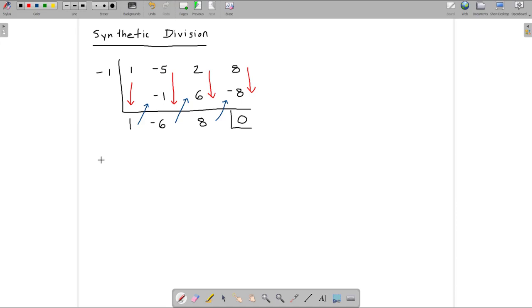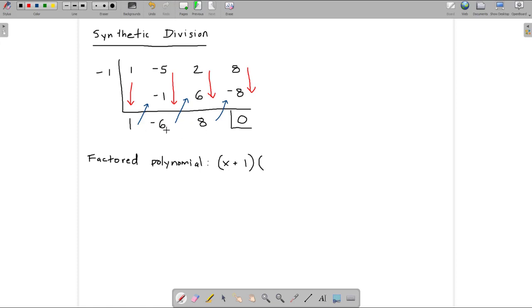So what that gives me is I had this factor x plus 1, right? So factored polynomial, we have our first step here. So we had this x plus 1 was a factor, which is the same as saying that -1 is a 0.